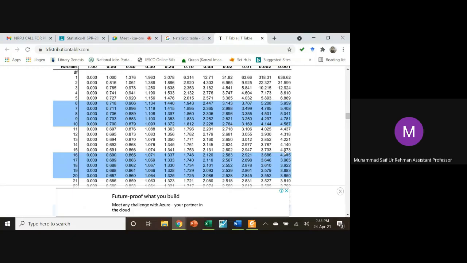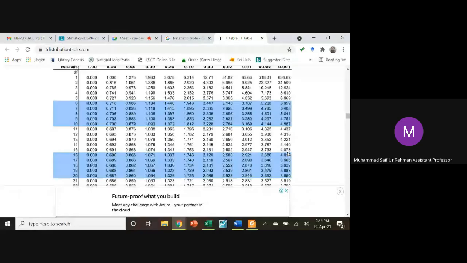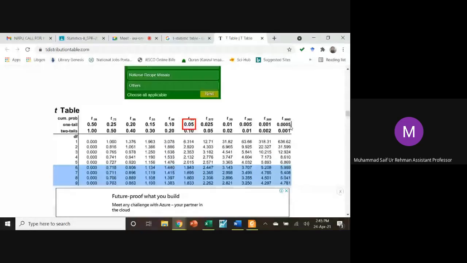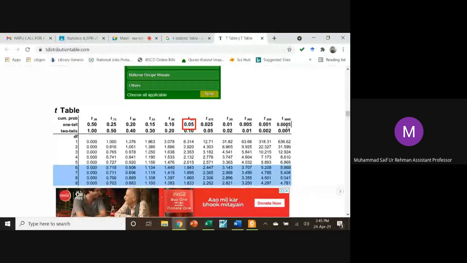It is more than this value. Against this value, the level of significance is 0.0005. This is the probability value, which is less than the given level of significance 0.01. So if the probability value is less than alpha, we reject H naught. That's what we are doing in this case.